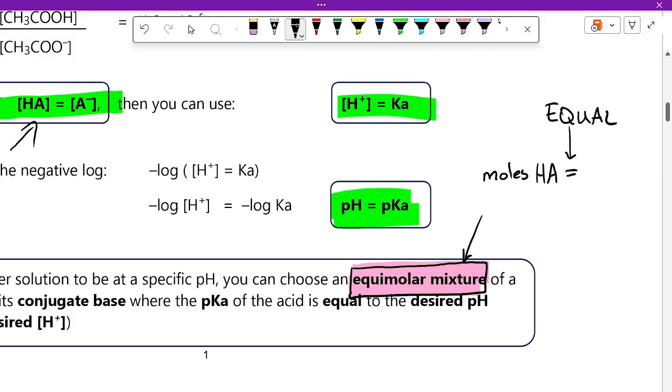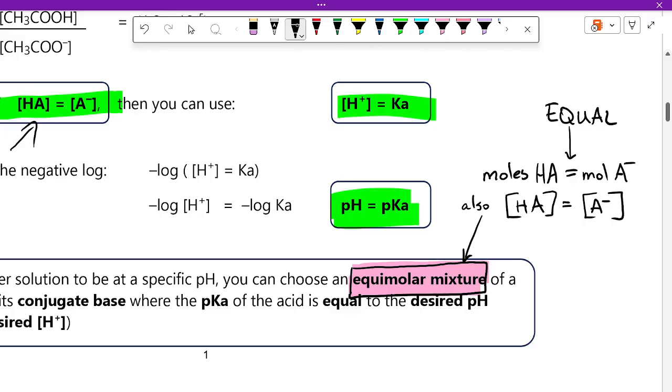Equal, equi, equimolar moles. Moles of HA is equal to moles of A minus. Also, the concentration of HA is equal to the concentration of A minus.